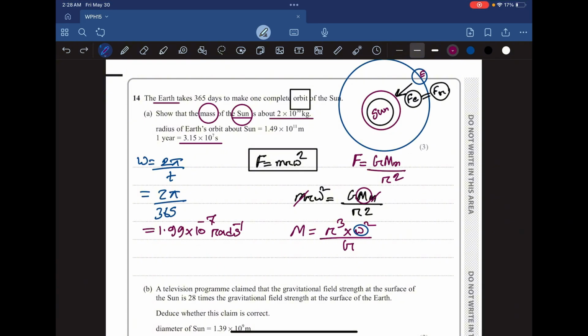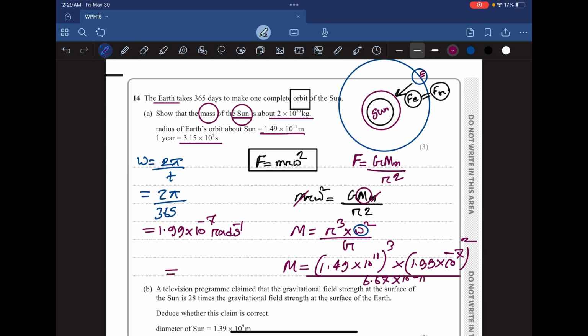To get the M, we will write M is equal to, they have given us the radius, right? Yes, they have given us the radius. So we will write 1.49 into 10 to the power 11 cubed, multiplied by 1.99 into 10 to the power minus 7 squared, divided by G, and we know the value of G is 6.67 into 10 to the power minus 11.